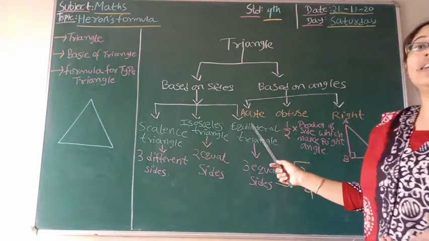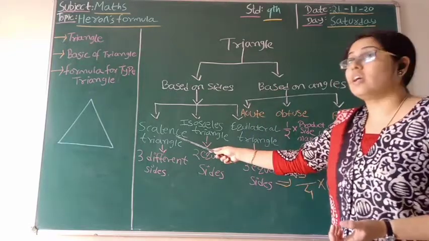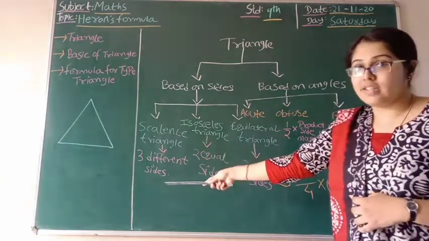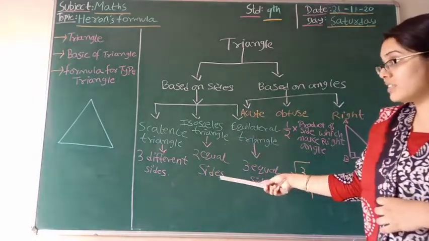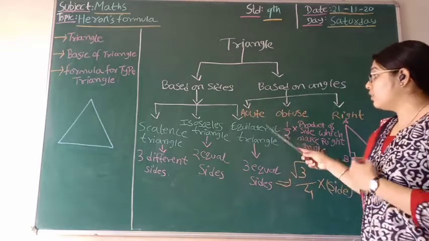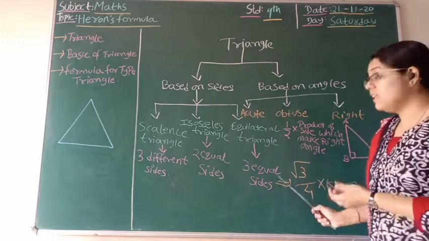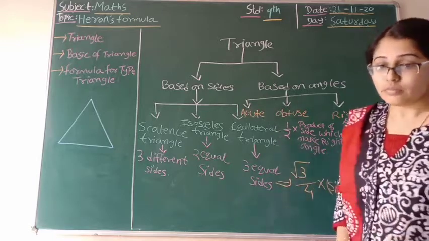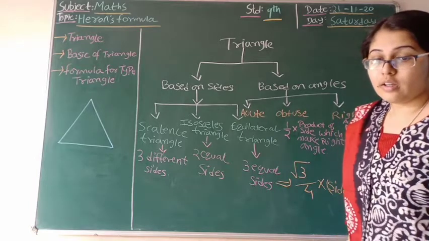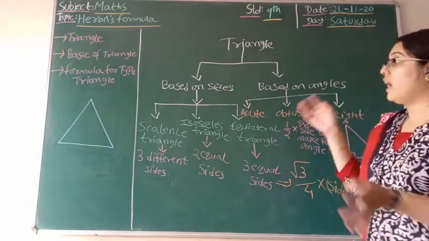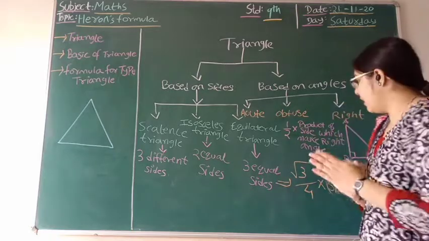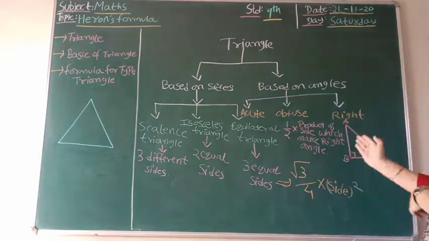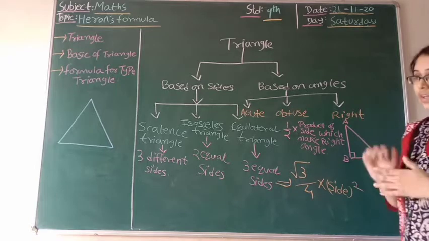Then we studied in detail that a scalene triangle has three different sides, an isosceles triangle has two equal sides, and an equilateral triangle has three equal sides. And we have seen how to find the area of the equilateral triangle, that is root 3/4 into side square.